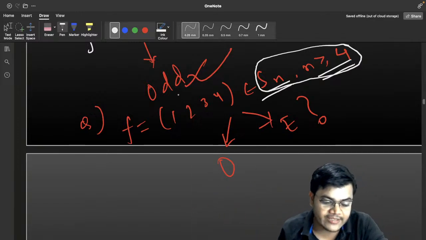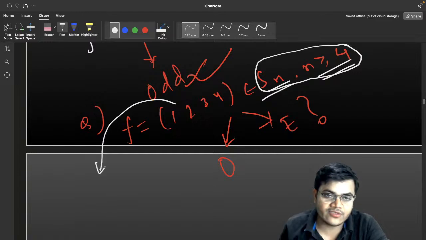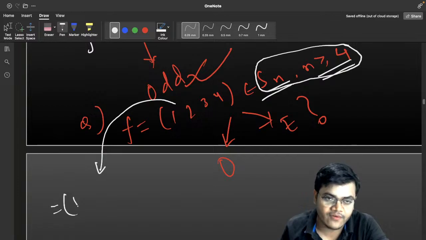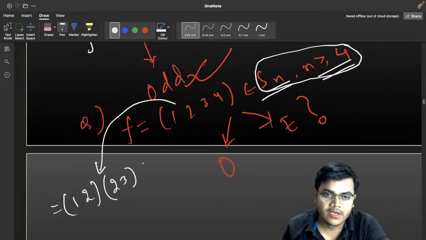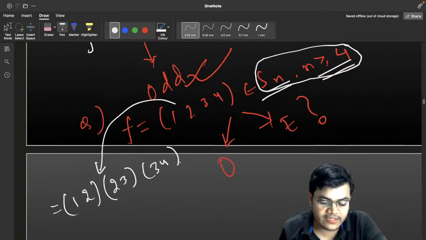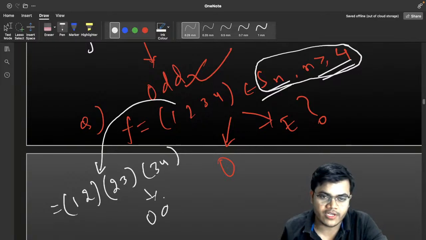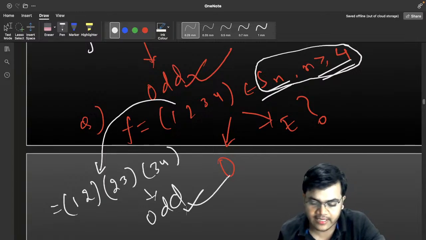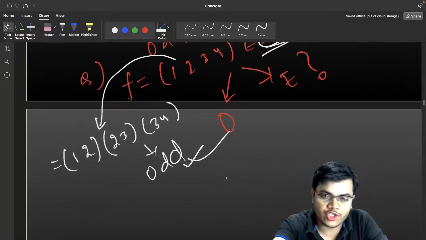And this time Rajiv ji is over there, and certainly it is an odd permutation because it can be written as the product of an odd number of transpositions, and it is nothing but (1 2)(2 3)(3 4). So you can write the things like this, a product of 3 transpositions, and therefore we will not hesitate to say that this is an odd permutation.